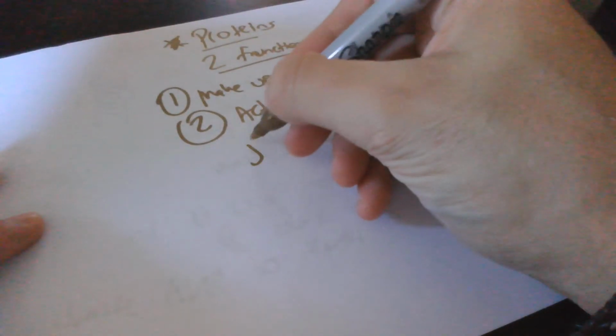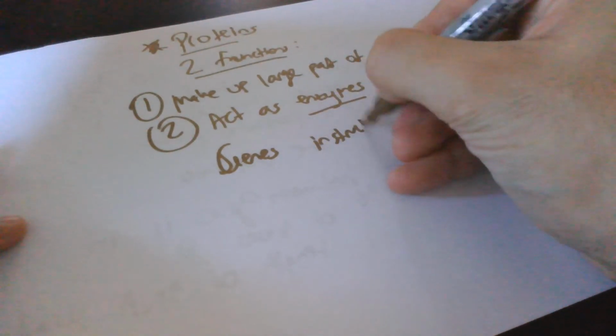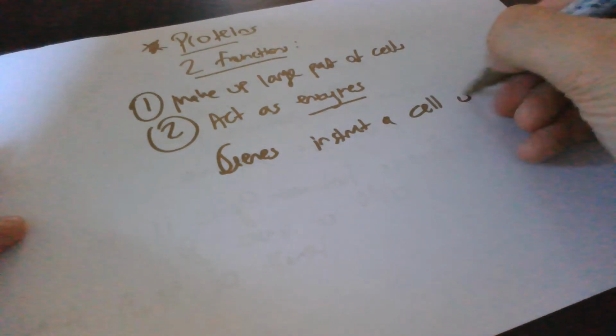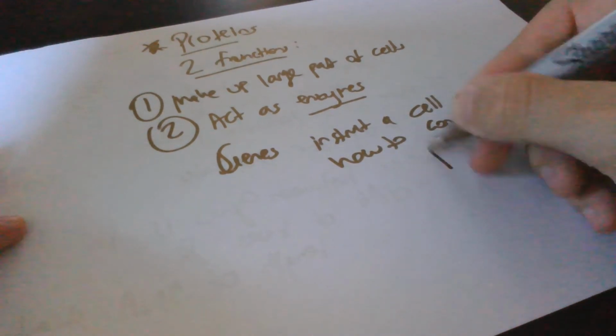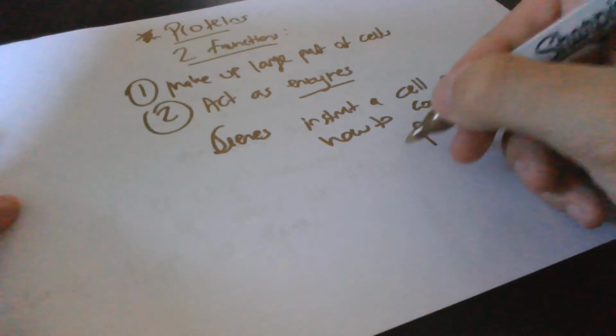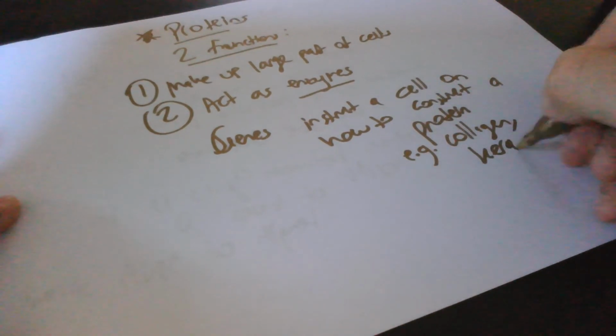So genes instruct a cell on how to construct a protein. An example of a protein is collagen, also keratin.